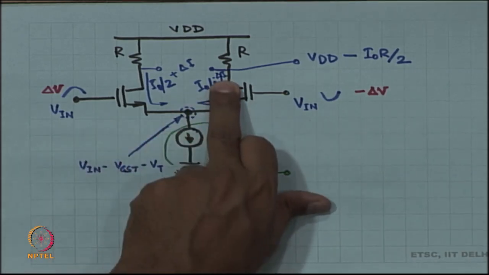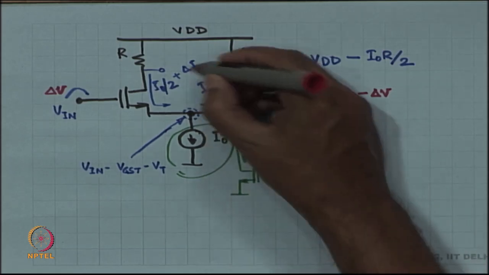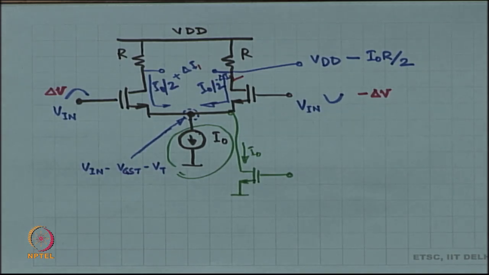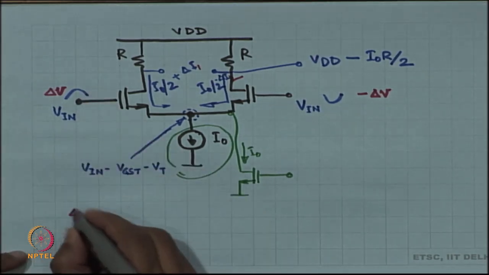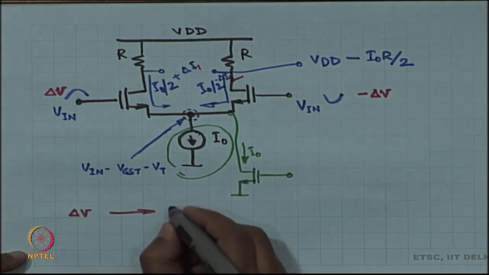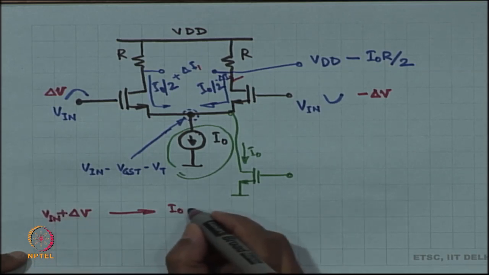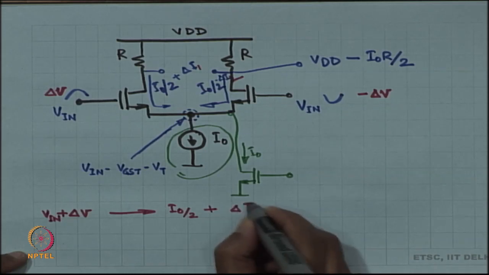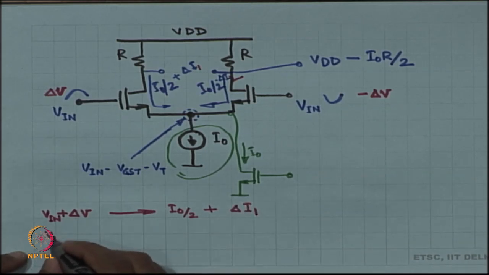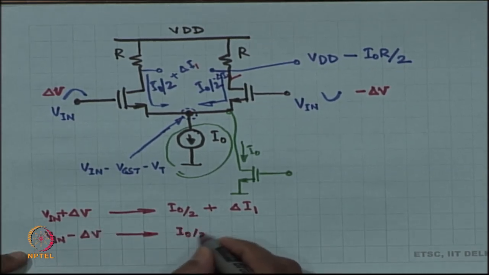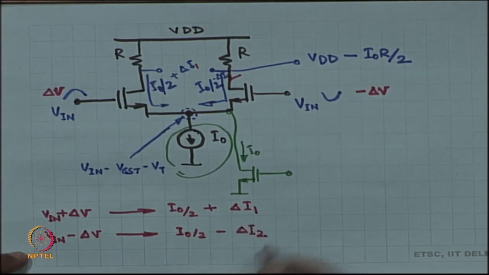And let us say this is not minus delta I, suppose this is delta I1 and this is minus delta I2. So, when I increase by plus delta V, I get a response, and when I decrease on the other side by minus delta V, I get a response. Okay. And why did the current change?